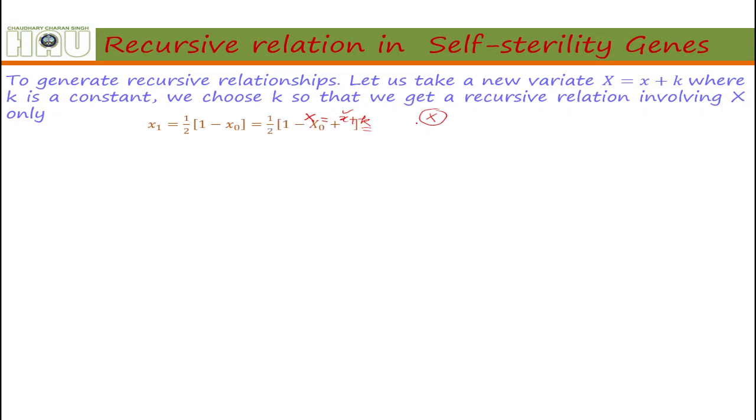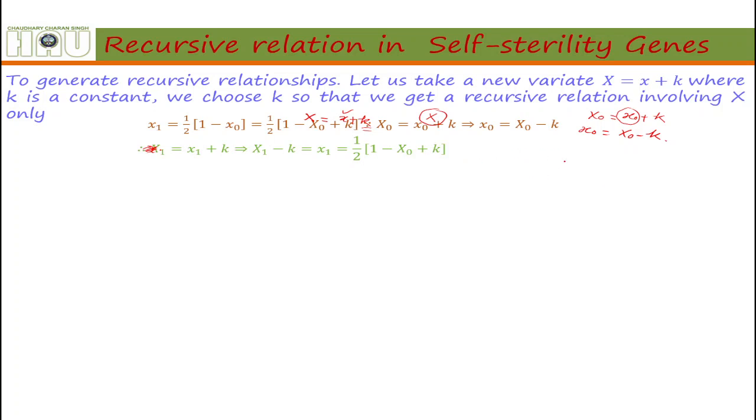So let us take x0 first. So capital X0 can be written as x0 plus k, right? Or you can find out the value of the small x0 as capital X0 minus k. So we have derived the relation like that. Let us say this is the expression.